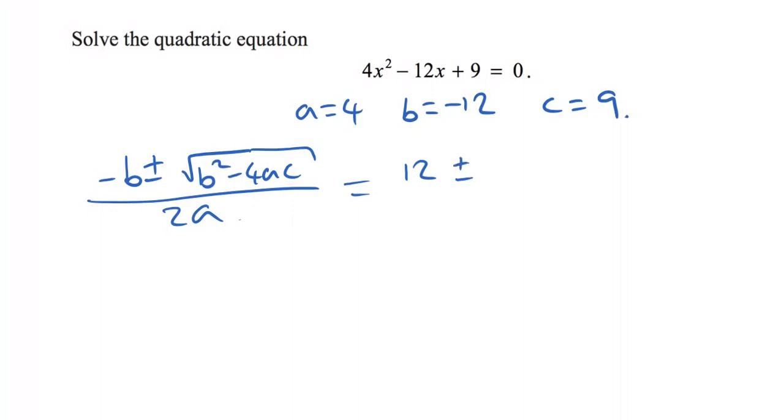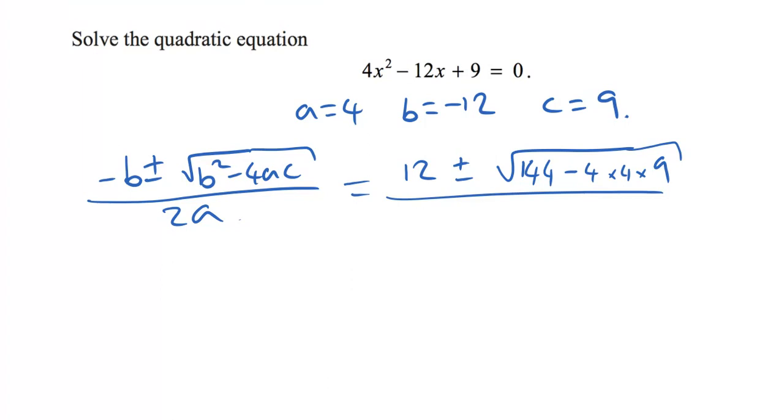So it's 12 plus or minus b squared, well, minus 12 times itself, 2 negatives make a positive, so that will be positive 144 minus 4 times 4 times 9, all of that inside that square root sign. All of that divided by 2a, and so 2a is going to be 8.